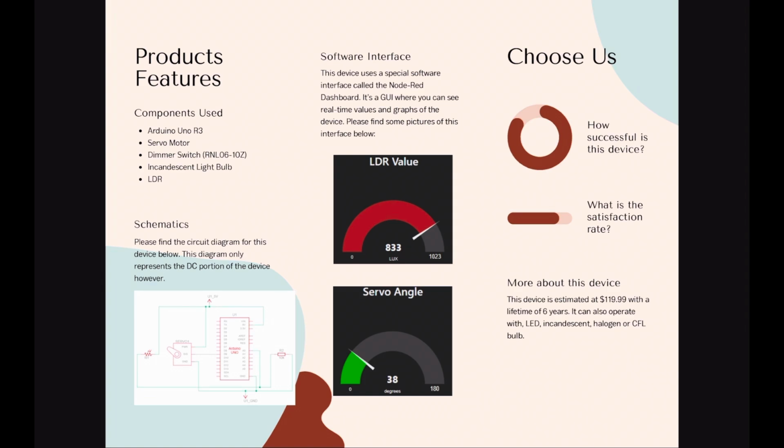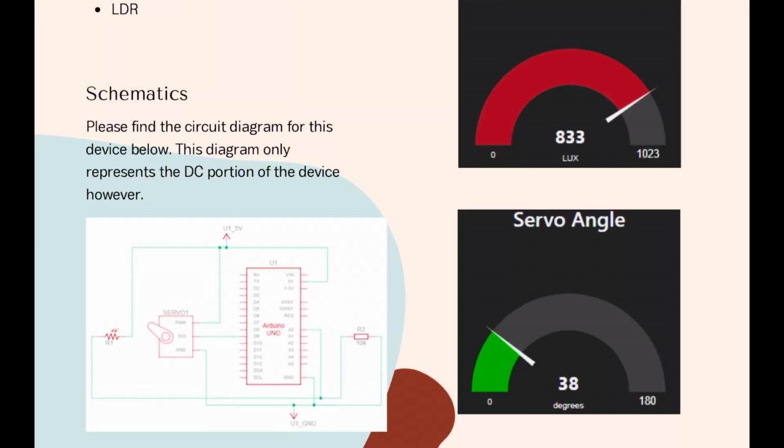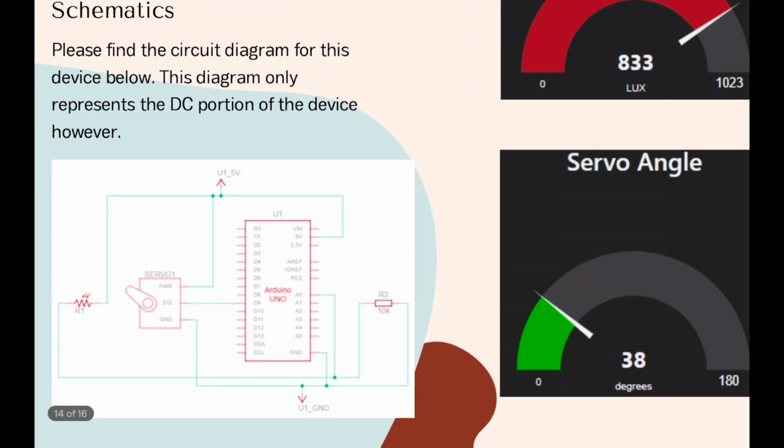And this is the schematic, the circuit diagram for this device. This circuit diagram only represents the DC portion of the device. As we can see, we have our Arduino Uno. We have our servo motor, and this is our LDR, which is in a voltage divider with a 10K resistor.